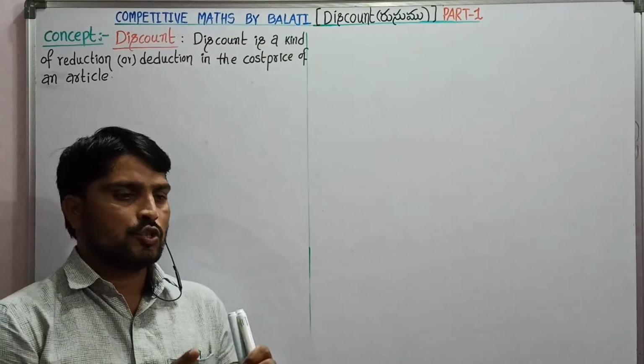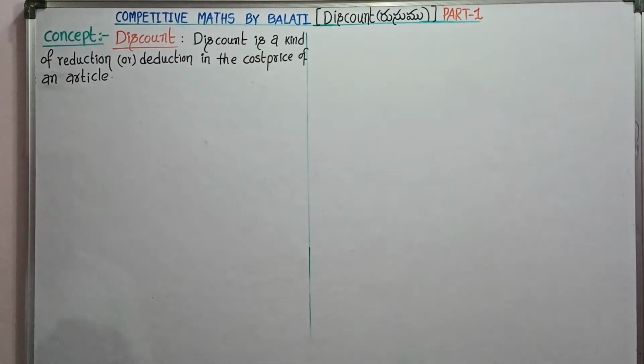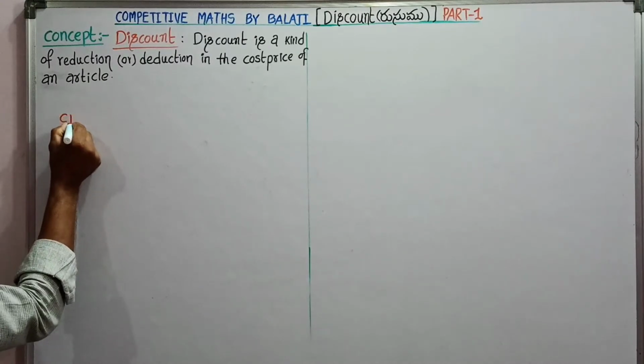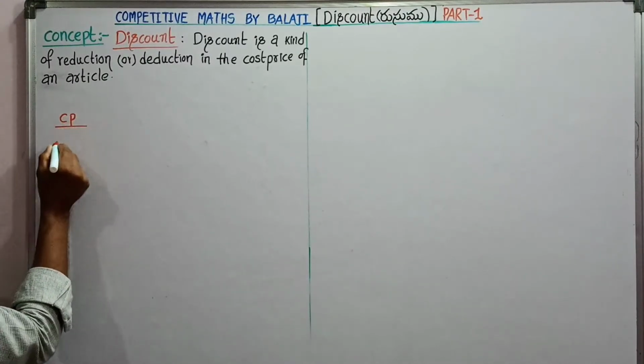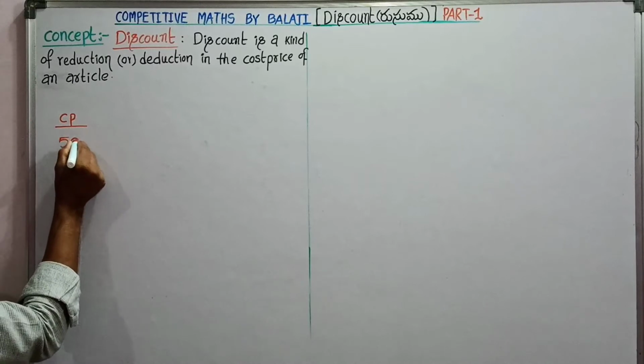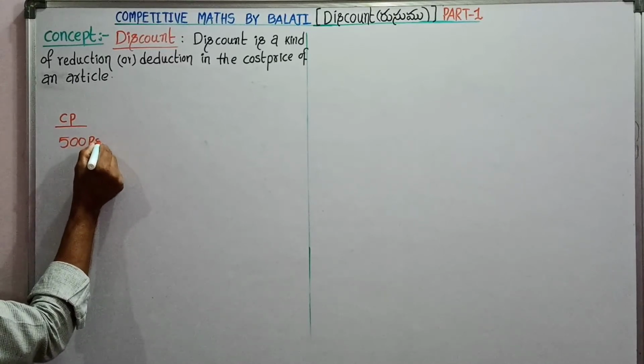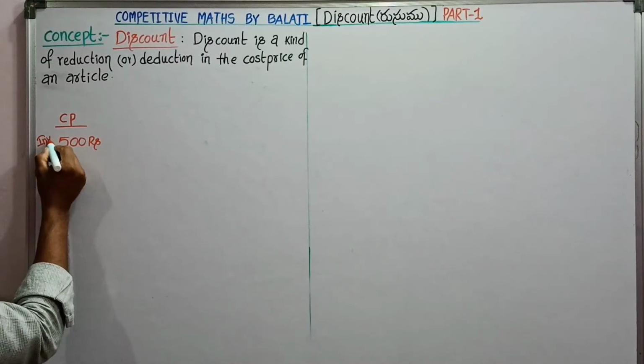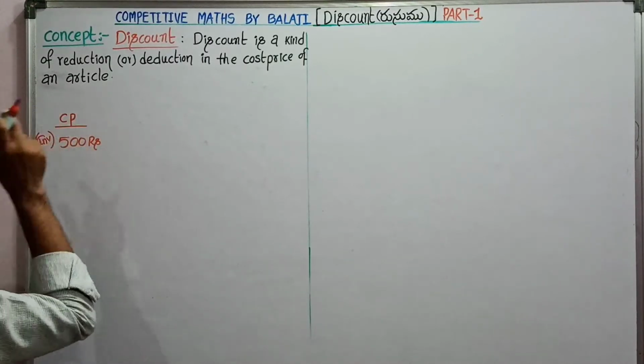Let us see the story of discount. Suppose a company invests rupees 500 to make a shirt. This is the investment of the company, so it is the original cost price.